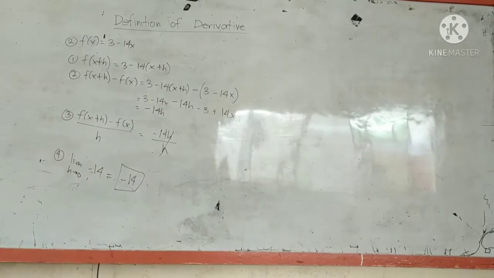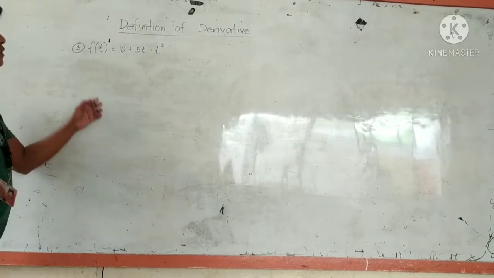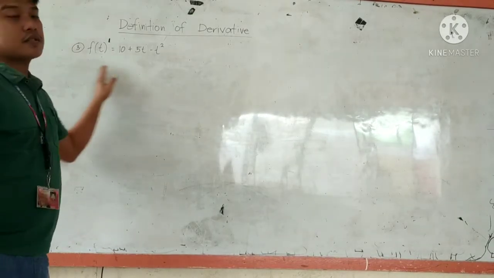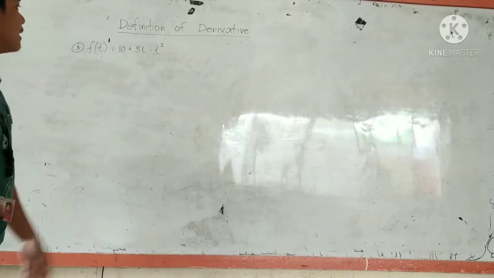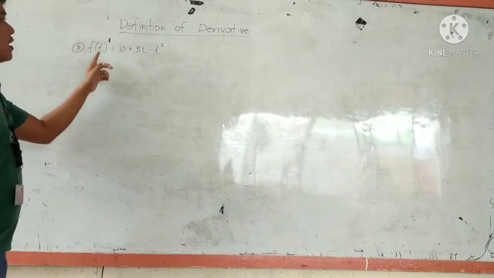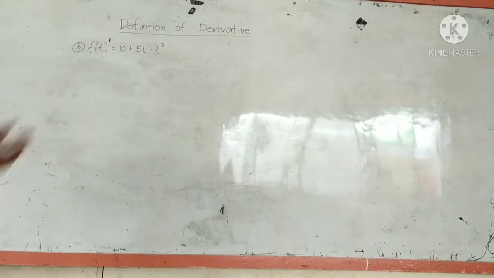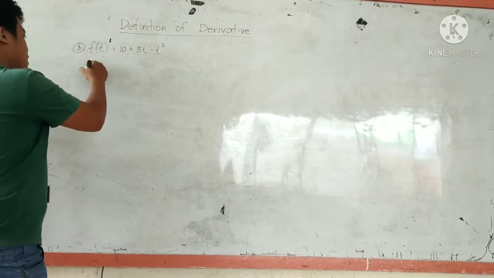Okay, in our third example, we are going to find the derivative of this using the definition. What makes it different from our previous example is that we're going to have t as our variable here instead of x. But that will not be a problem. So let's start with our first step.